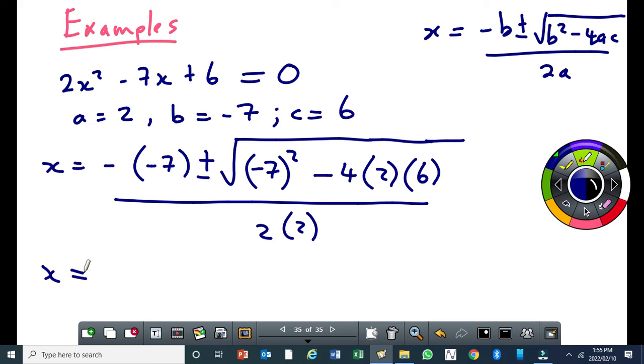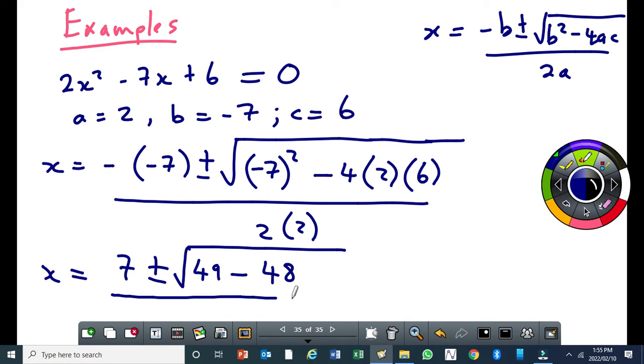So you end up getting 7 plus or minus the square root of 49 minus, now 4 times 2, that's 8, 8 times 6, you get 48. So this will be all over 4.